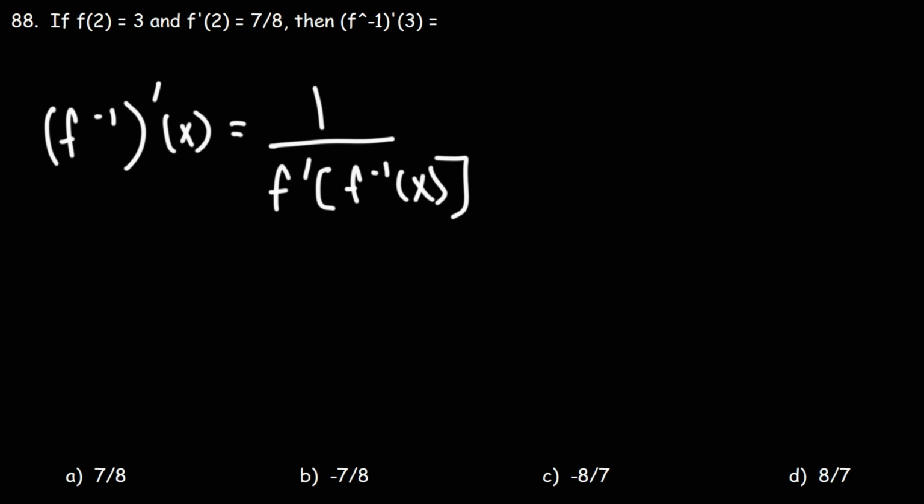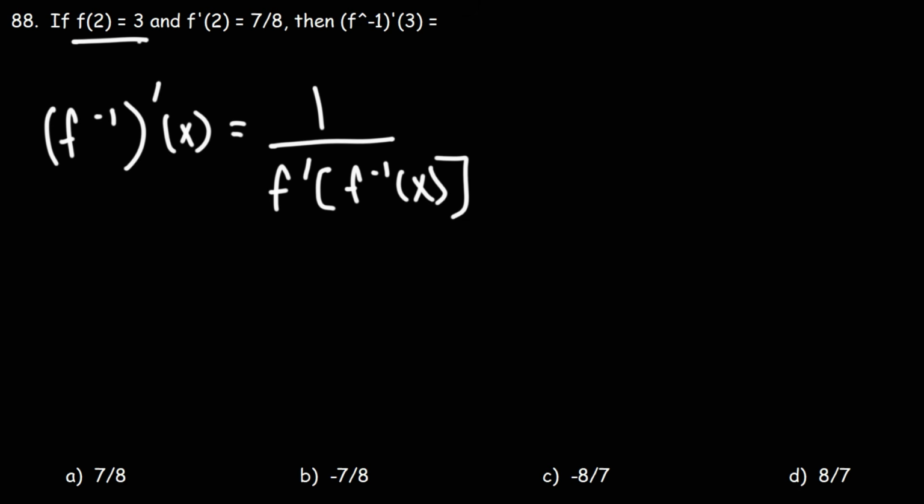Well, let me say that again. The derivative of the inverse function is 1 over the derivative, the input of which is technically the output of the inverse function. Now these problems can be confusing, but I'm going to try to simplify it as best as I can.